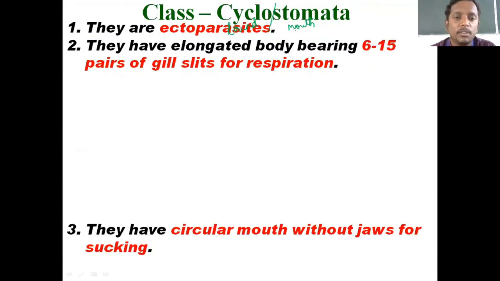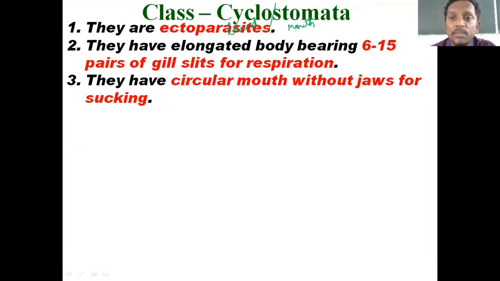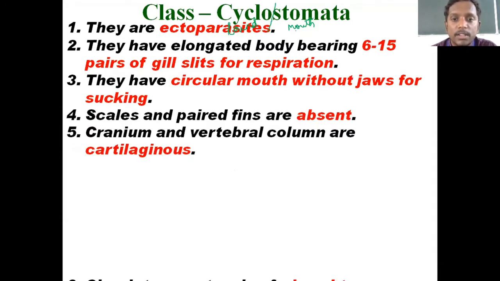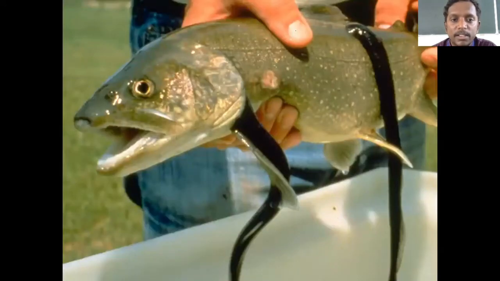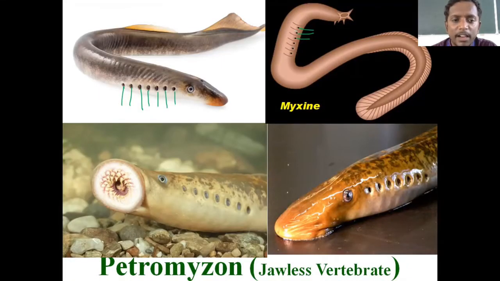Now, speaking about the third point, the mouth is circular, without jaws, for sucking. The same image you can see here. The first two diagrams you cannot make out. In the third diagram, I have shown that the mouth is round or circular. I am circling it off. The mouth is circular, a sucker type, right?